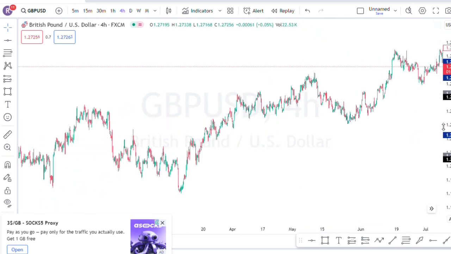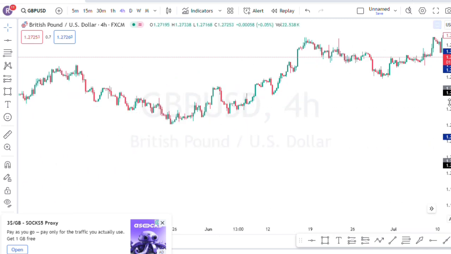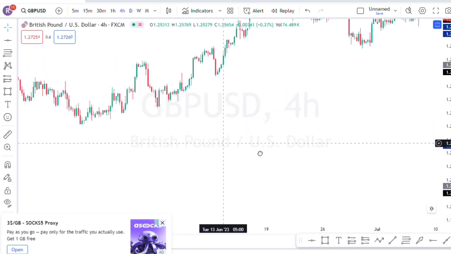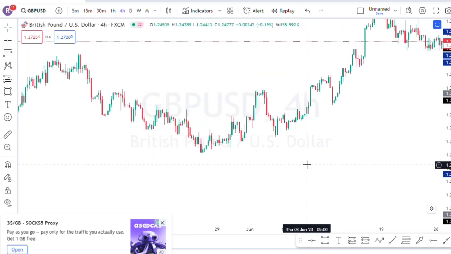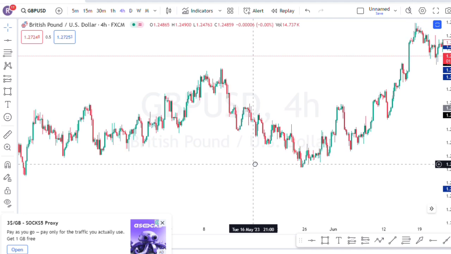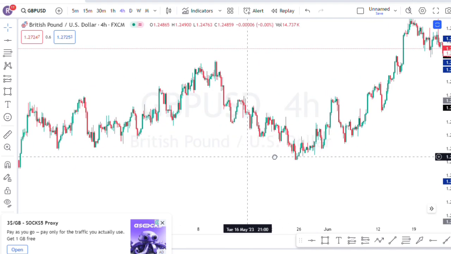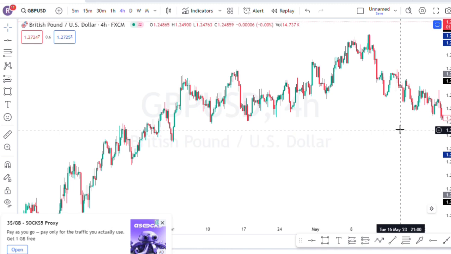Okay, so from here, this is the 4 hour time frame. I want to look for a valid supply zone. We are looking for a valid supply zone.